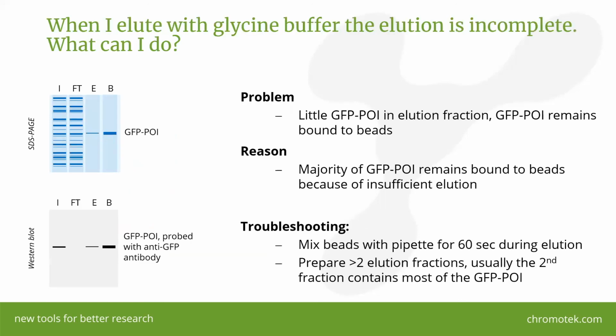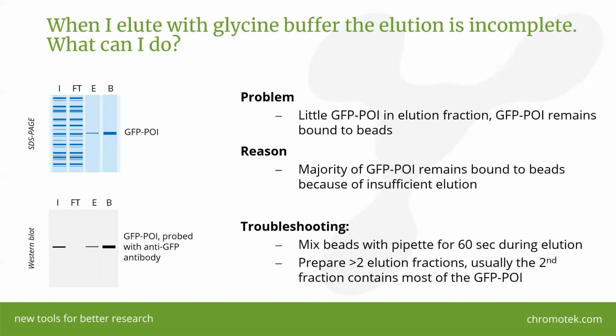So, Christoph. We could already prepare some slides as these questions have been submitted in advance. And as you can see here, you see a very strong band in the bound fraction, but a faint band in the elution fraction. That means that most of the GFP protein remains bound to the beads, because the elution is not really effective.